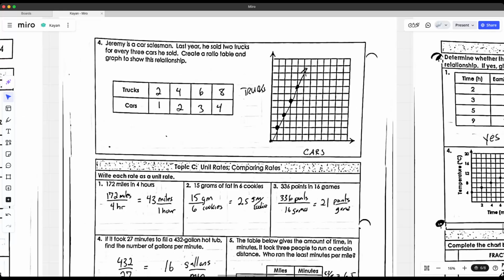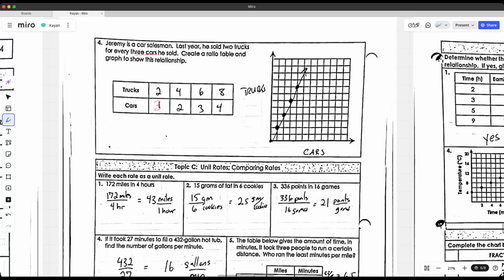Jeremy's a car salesman. Last year, 2 trucks for every 3 cars he sold. I messed this one up too. Dang it. I think I was in too much of a hurry. All right, I got to blank all these out. Let's see, how could I do that? It should have been 3 cars.